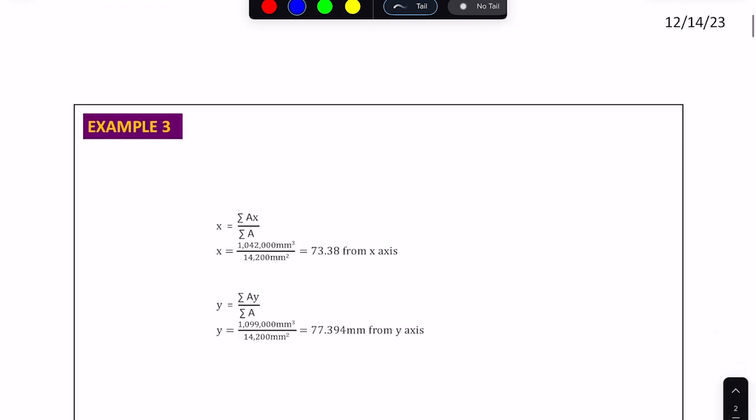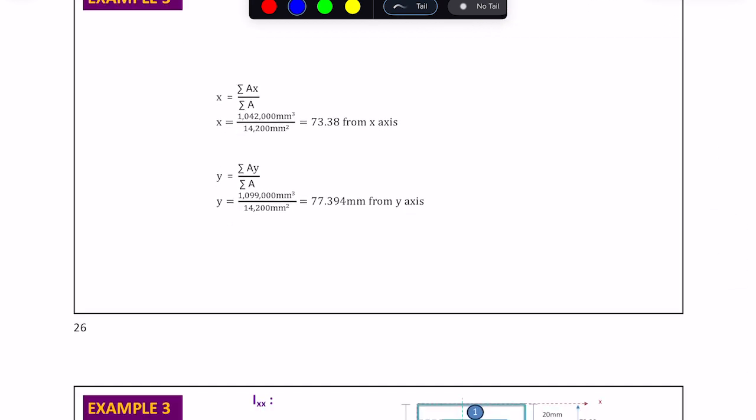And I can calculate the X bar and Y bar using the formula for X bar, total of AX bar divide with total area, and for Y bar, total of AY bar divide with the area. The value that I get for the X bar is 73.38 from the x-axis, and for Y bar it is 77.394 mm from the y-axis.